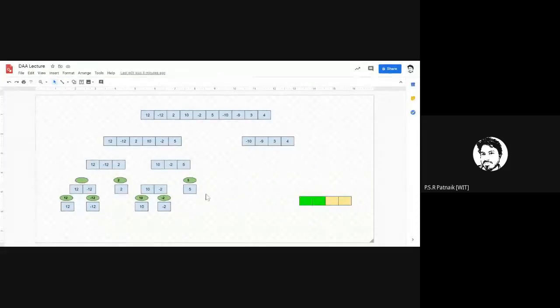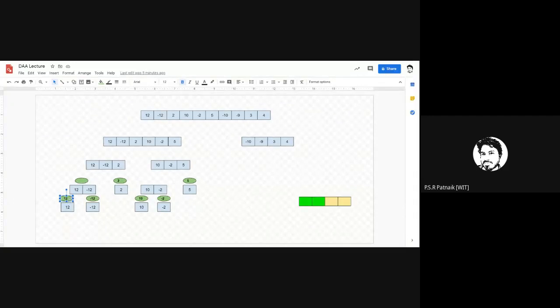Okay, so here when I merge this, in my case this is the left maximum sum subarray, this is the right maximum sum subarray. Now I need to calculate the center maximum sum subarray for this merged part of the array. How do I calculate?